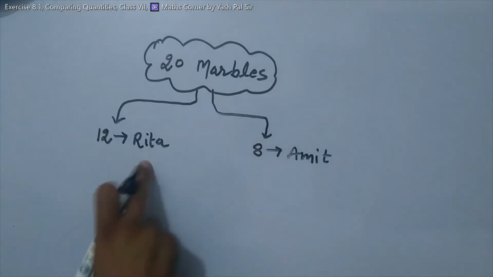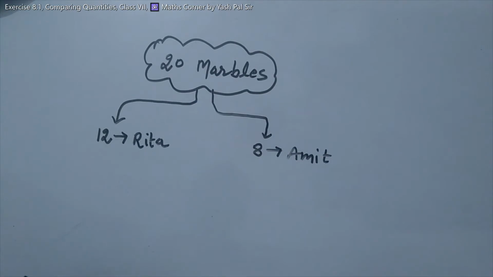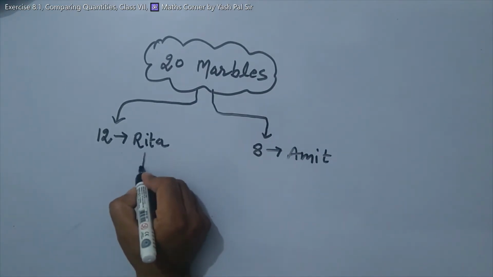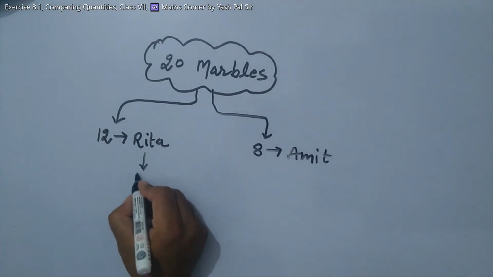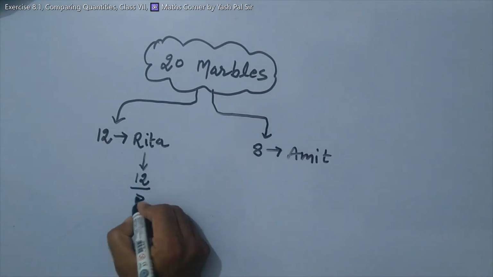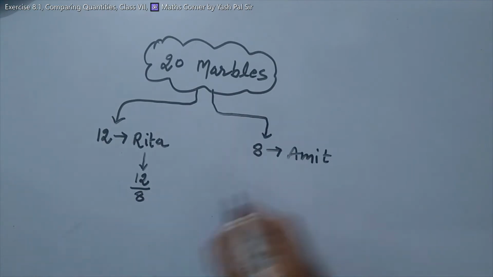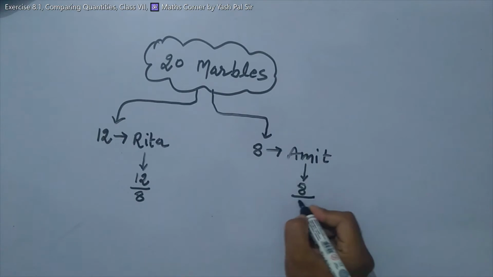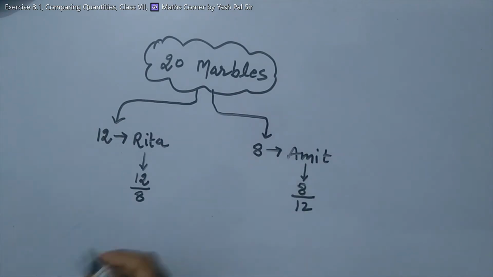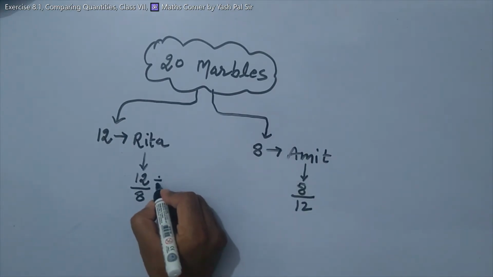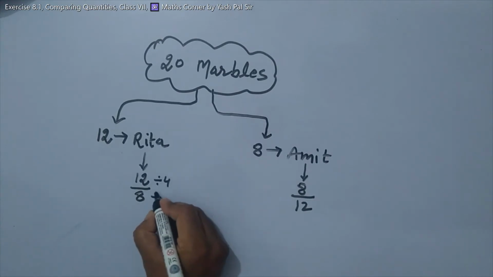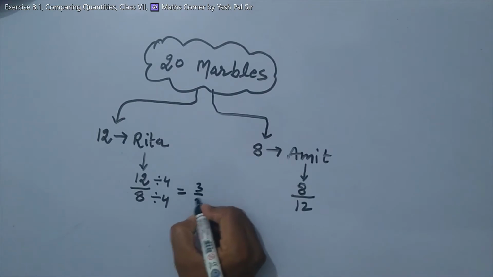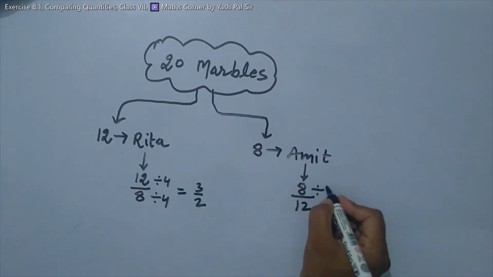Now we have to compare who got how many. In case of Rita, we write 12 divide 8. But in case of Amit, we write 8 divide 12. In both fractions, we divide the numerator and denominator by 4. Answer is 3 by 2. Here also we divide by 4.